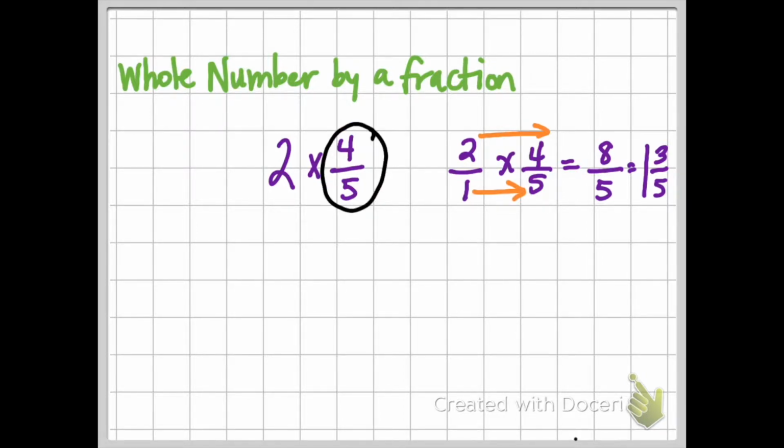And I remember that multiplication is repeated addition. So what I'm going to do right now is actually draw a model, and the denominator is 5, so that's why I did 1, 2, 3, 4, 5, okay? And I'm going to shade in 4 of those 5, 4/5, okay?